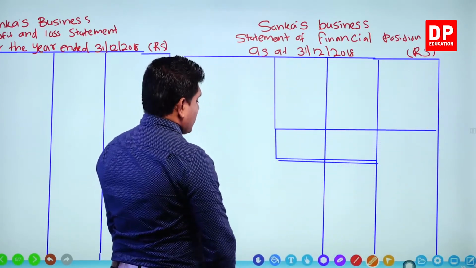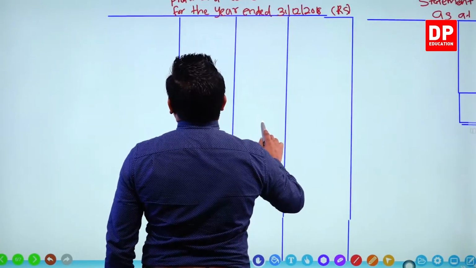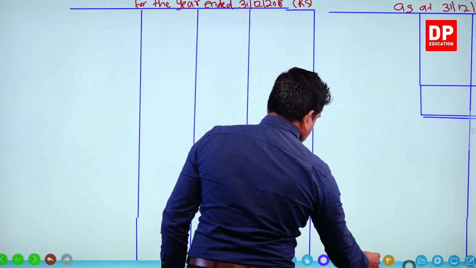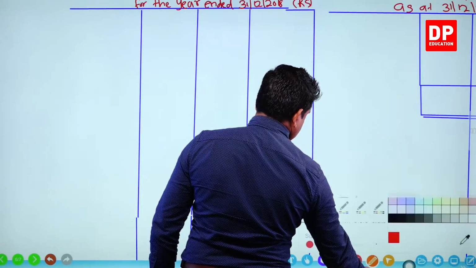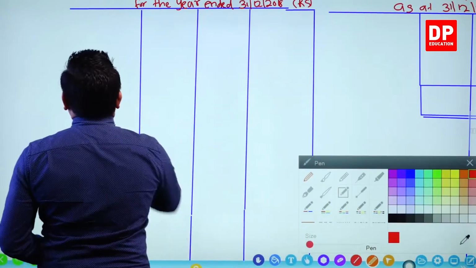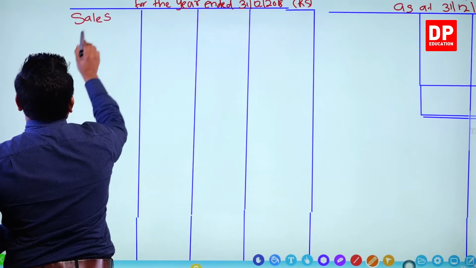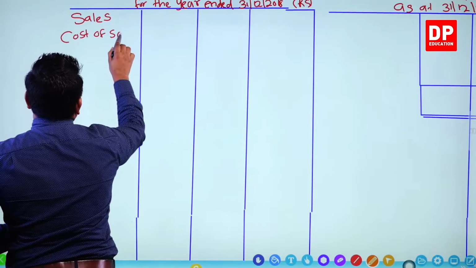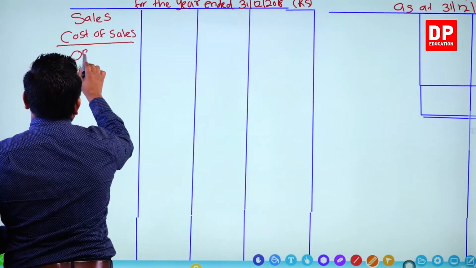Then we can classify the details included in the profit and loss. First, on the top we write what? Sales. After that, cost of sales. You underline. Under this we write what? Opening stock.